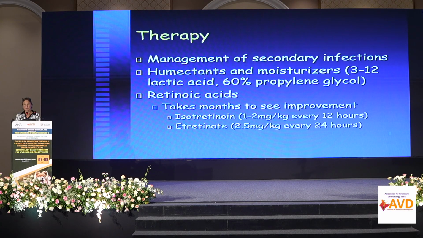So like I said, the treatment is damage control. You basically use humectants and moisturizers to hydrate the skin, because their skin barrier is not normal. Therefore, they cannot protect themselves from infections. And people have attempted retinoids, which obviously takes a while to see some improvement, if any.